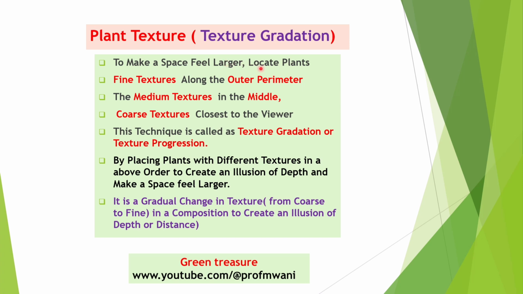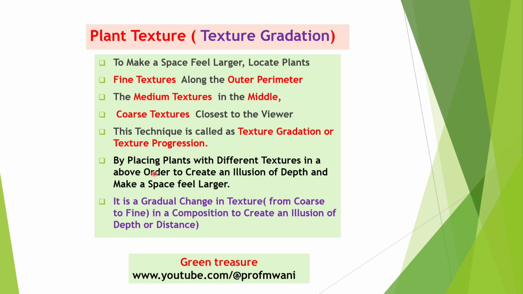You have to locate your plants: fine texture along the outer perimeter, medium texture in the middle, coarse texture closest to the viewer. Now you have a situation: coarse to the viewer, then medium, then the fine texture. This technique is called texture gradation, or texture progression.